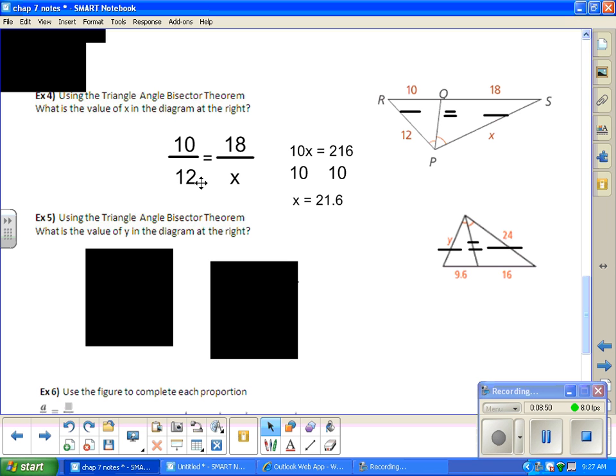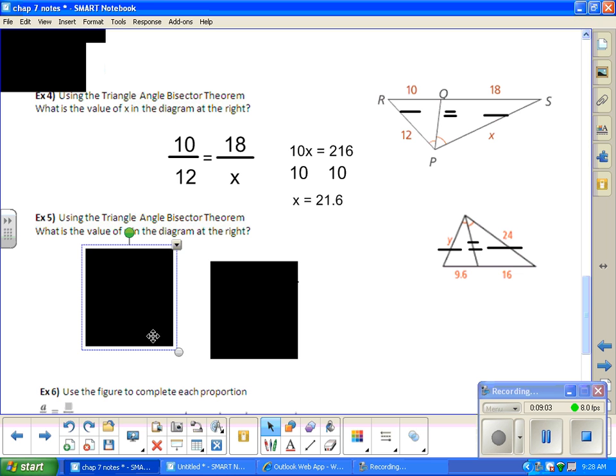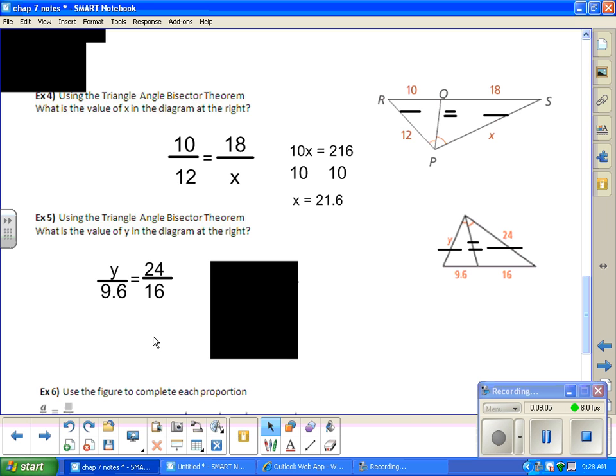Example 5, using the triangle angle bisector theorem, what is the value of y in the diagram? So again, as you can see, I've drawn my fraction bars and my equal sign. And so I'm just going to go ahead and write my fraction, my proportion, which is y over 9.6 equals 24 over 16.